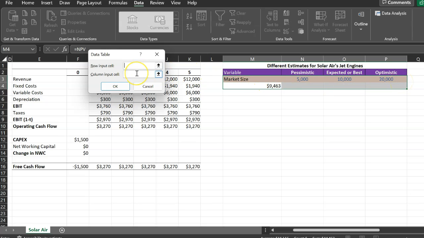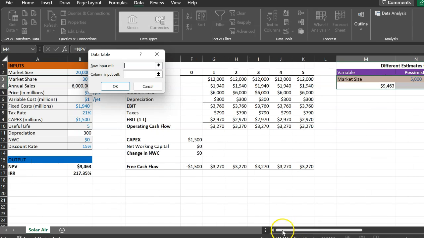So column is not important for you right here. In this row right here, you're basically putting in different values for market size. So you'll say row input cell, column input cell doesn't apply to you. In row, you're saying, I'm putting in different values for market size.